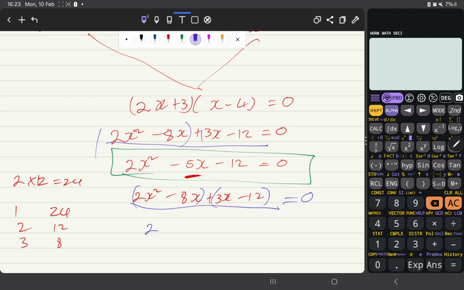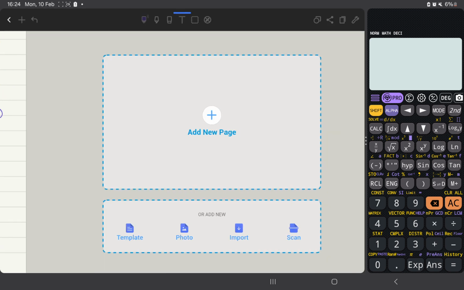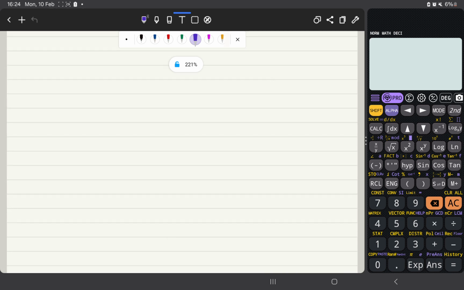I have 2x(x minus 4), then this side I'm going to have plus 3(x minus 4). I have 2x plus 3, and x minus 4 equals to 0. You see that exactly what we had. So let's just do another question of this kind and see if y'all get it.